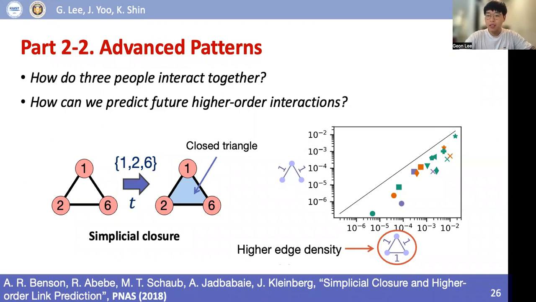The values represent the probability of the simplicial closure, and each dot in the figure represents a different dataset. We can see that triangles on the x-axis induce the 3 nodes to the simplicial closure compared to wedges, which have weaker connectivity. This means that the 3 nodes with higher edge density are more likely to have simplicial closure in the future.